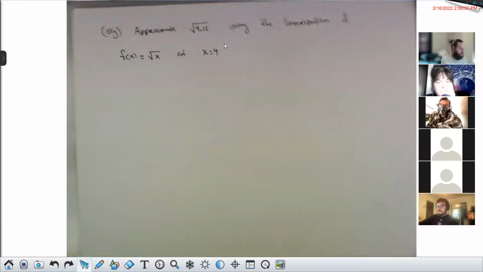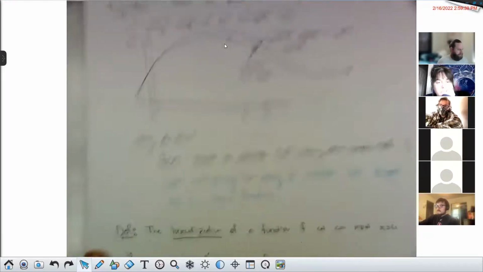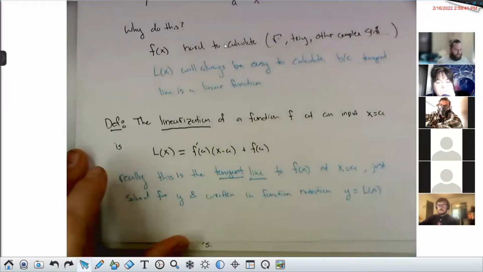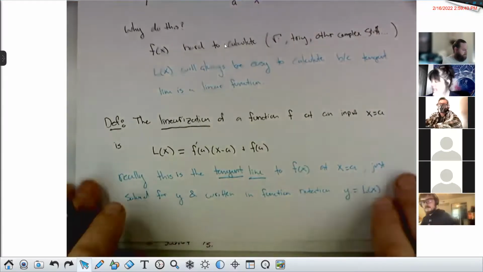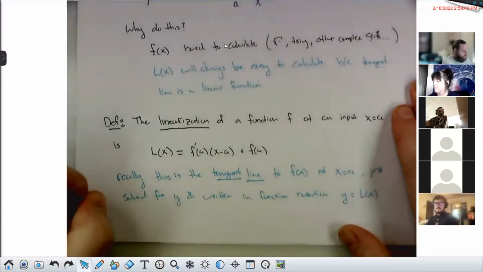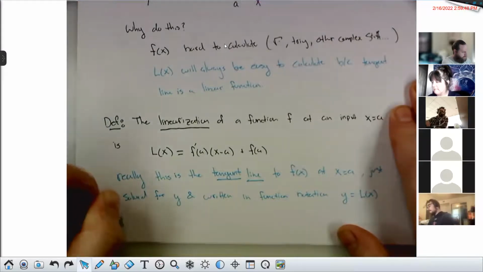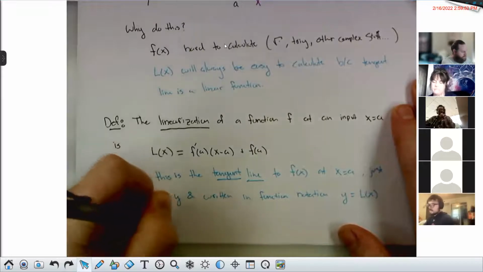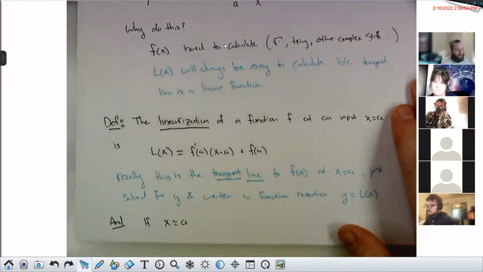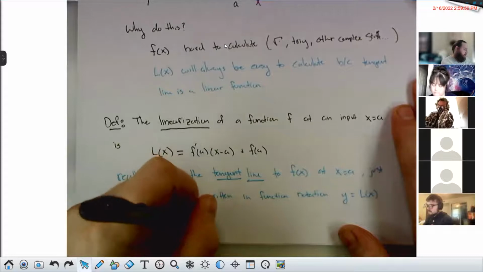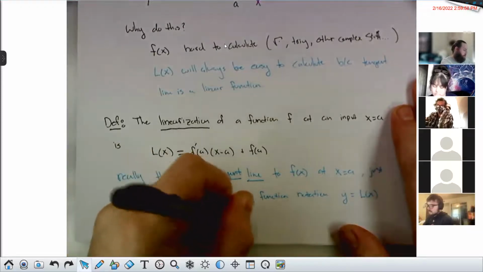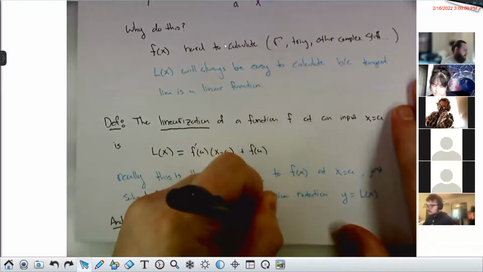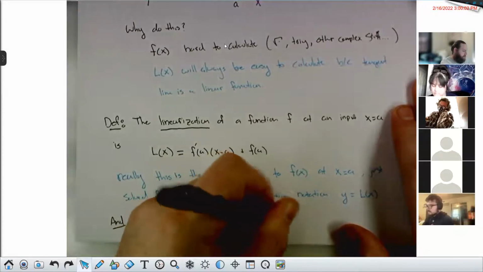Let me add a little addendum here before we run off. I'm sorry to do this, but the big idea is that if x is reasonably close to a, then L of x will be reasonably close to f of x.